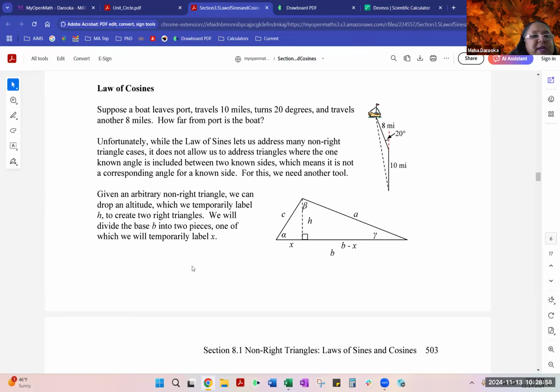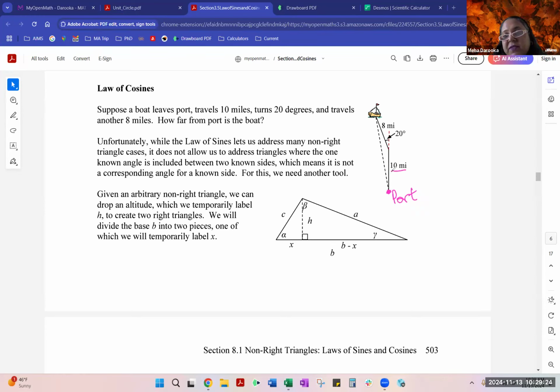So you will notice that the angle measurement that they are giving us is actually, remember when we had talked about bearings very briefly in chapter 1, we had talked about how that angle is measured based on the vertical north-south line. So that's why, because, if this is the port from where the boat left, they're telling us it traveled 10 miles.